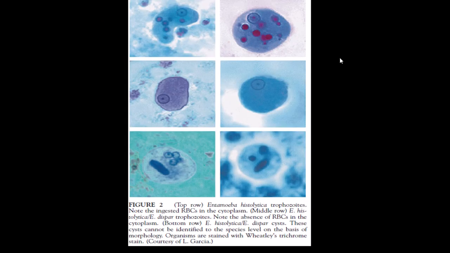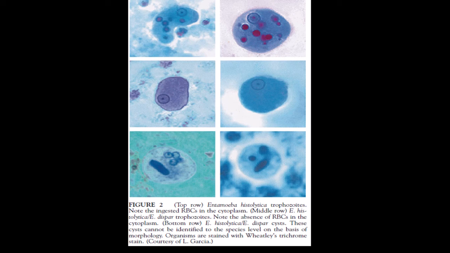So it's extremely important then to differentiate between the pathogenic amoeba, which is Entamoeba histolytica, versus the non-pathogenic amoebas like Entamoeba coli, Endolimax nana, Iodamoeba bütschlii. All of those are non-pathogens that we need to differentiate from Entamoeba histolytica.